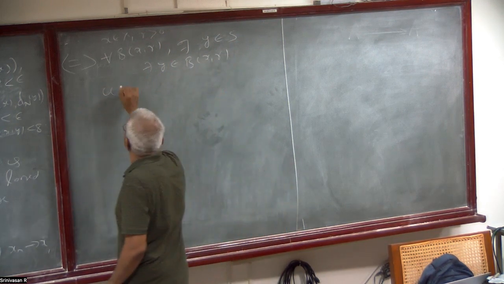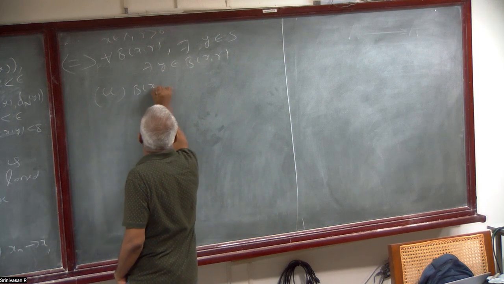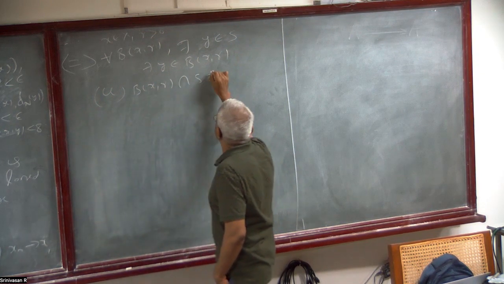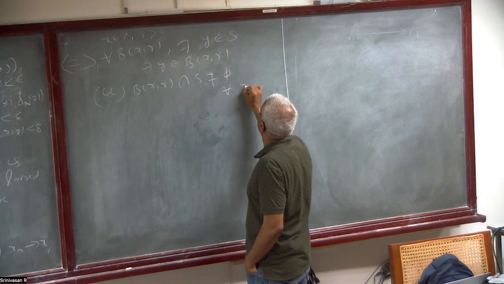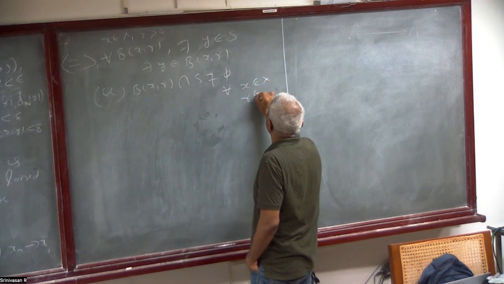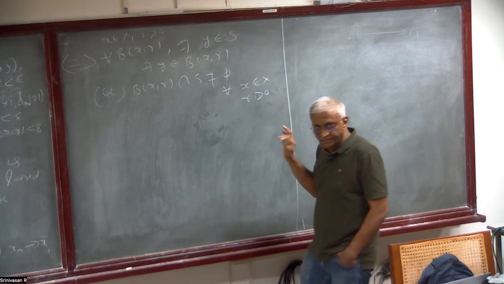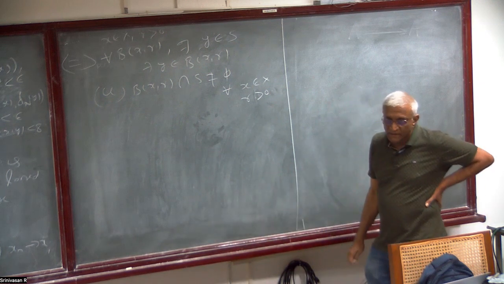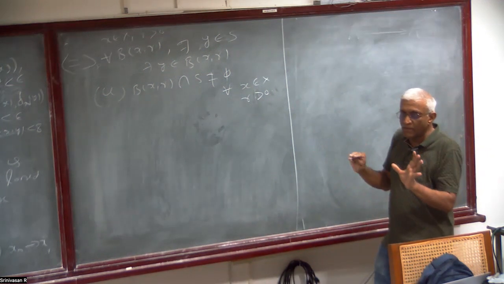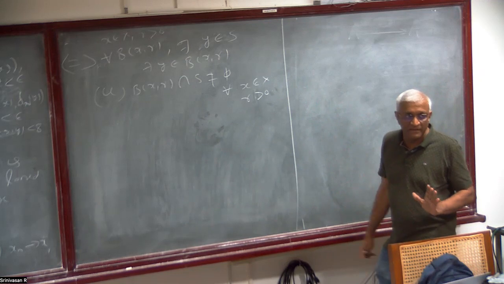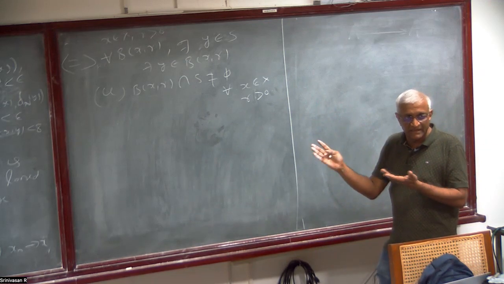That is, B(x, r) intersection S is not equal to empty for all x in X and r greater than 0. So every open ball should intersect with that set. That's what it means by its dense.